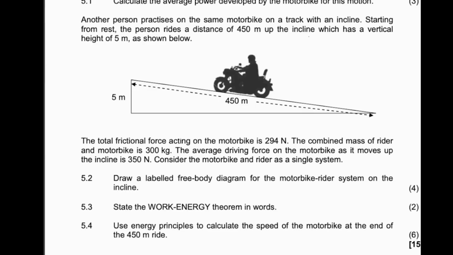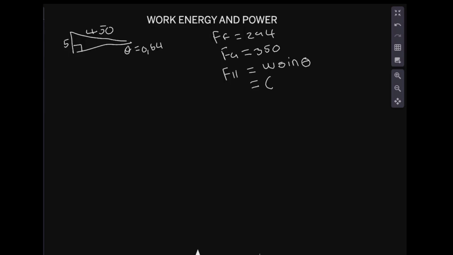The total weight is 300, so we say 300 multiplied by 9.8 multiplied by sine of 0.64, which will give us F parallel. 300 times 9.8 times sine of 0.64 will give us 32.84 newtons.